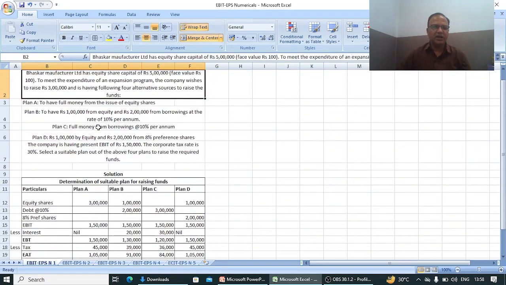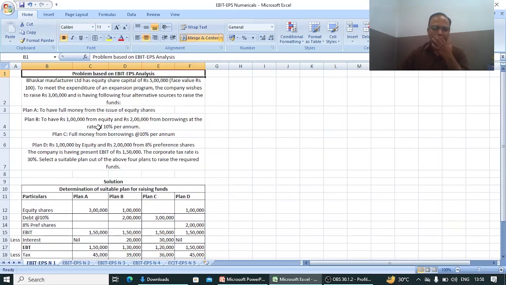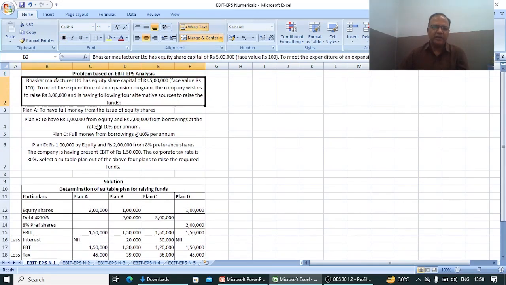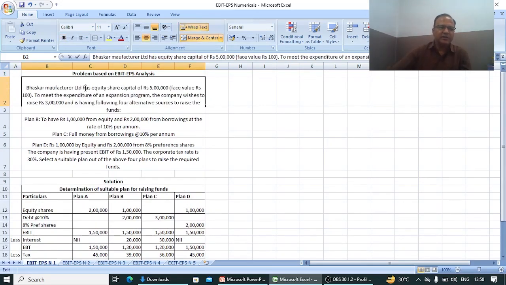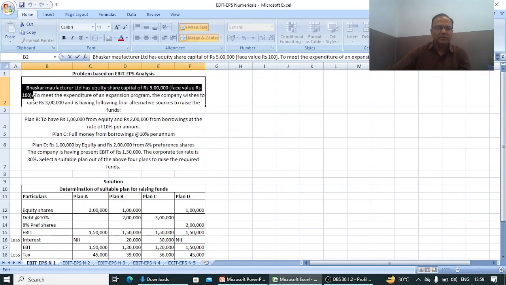If we see the question again, it's very clear that Bhaskar Manufacture Limited has equity share capital of rupees 5 lakh, face value of rupees 100. It means 5 lakh divided by 100, so 5,000 shares have already been floated in the market.